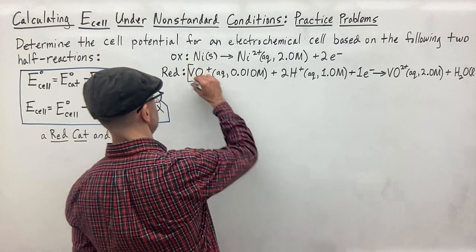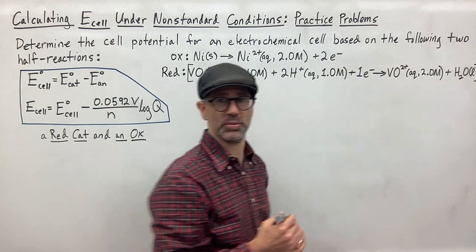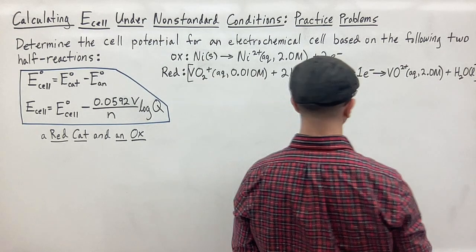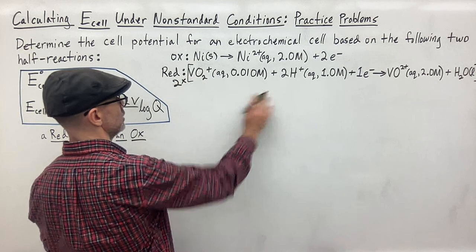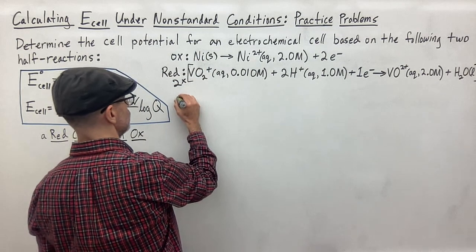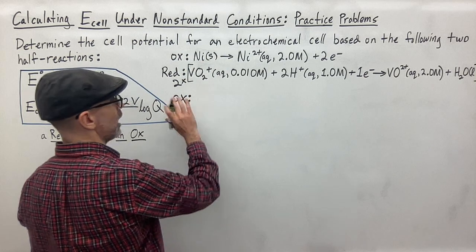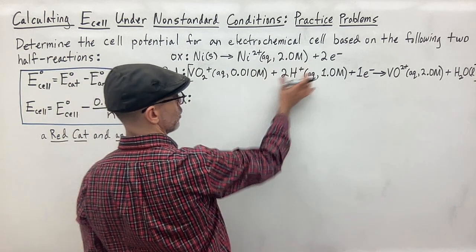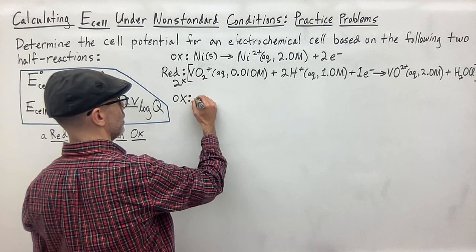So this half reaction will need to be multiplied by 2. The oxidation can stay the same. So I'll rewrite the oxidation half reaction, and I'm going to write it without the molarities.